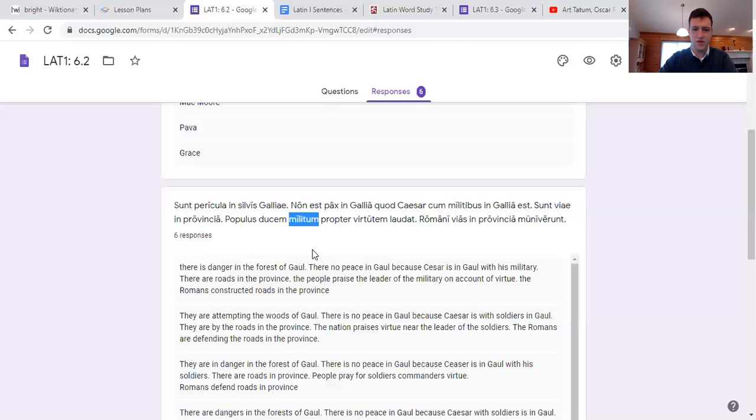Now, militum, third declension, don't get confused. This is genitive plural, again a genitive defining the noun ducem. The leader of what? The leader of the soldiers. And now we have our prepositional phrase, propter virtutem, because of excellence.